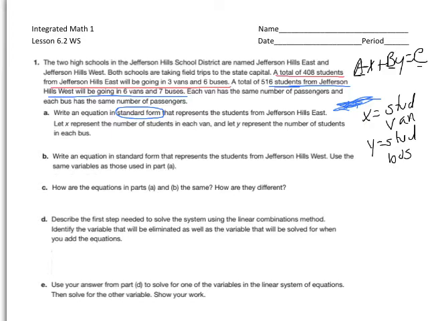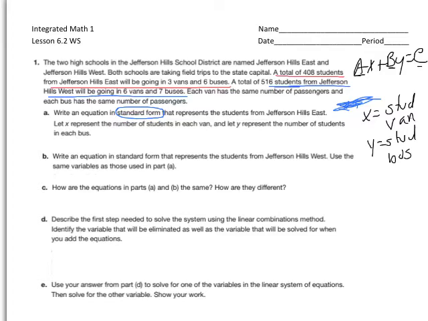So East is my red one, so I'm going to use red. So think about how many students can fit in each bus and how many students can fit in each van. Alright, so we're thinking, okay, so how many students?